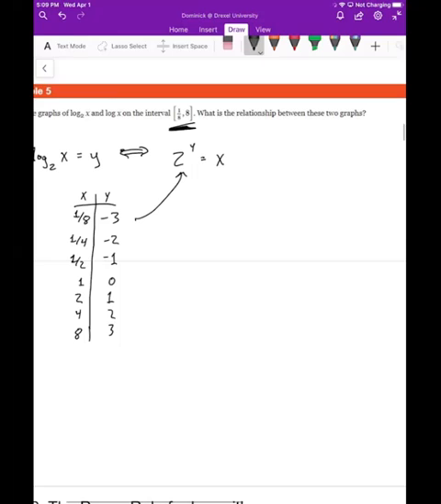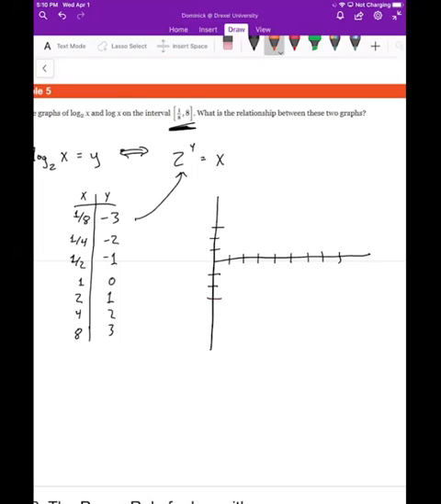So if we plot this on a graph, I'm going to get 1, 2, 3, 4, 5, 6, 7, 8, and then I need to go 1, 2, 3, 1, 2, 3. So now if I plot these points, I have 1/8, -3, so I have something very close to the axis.